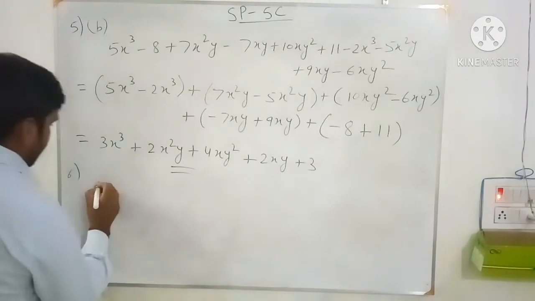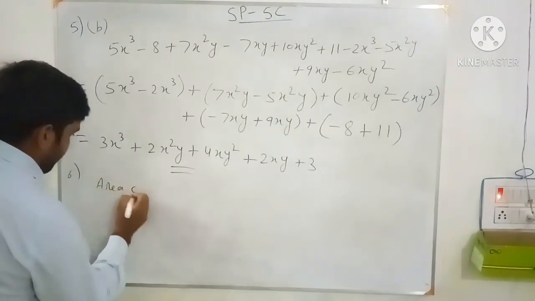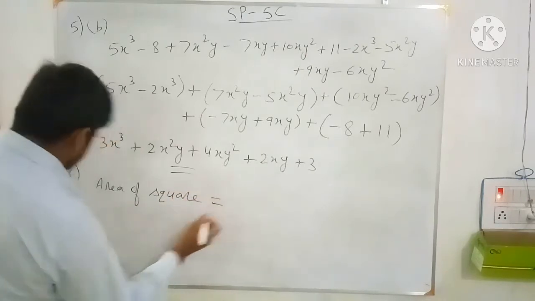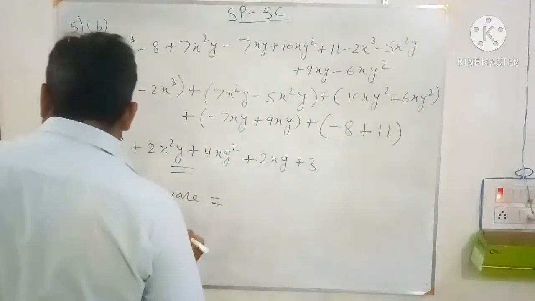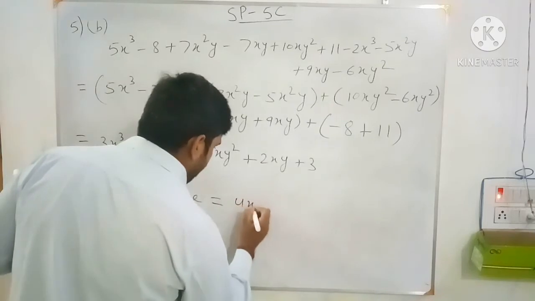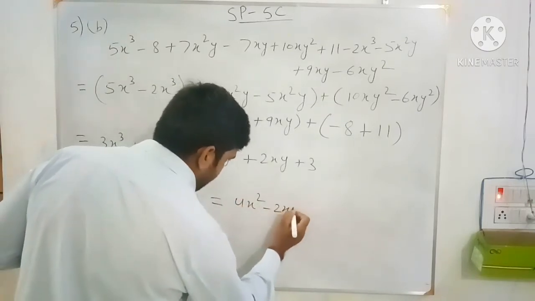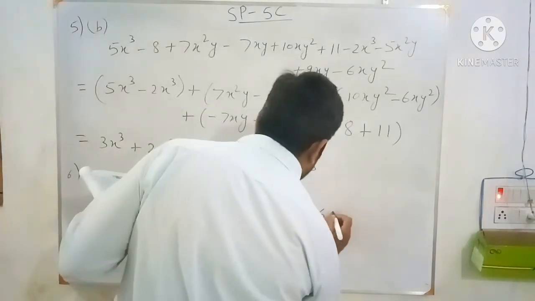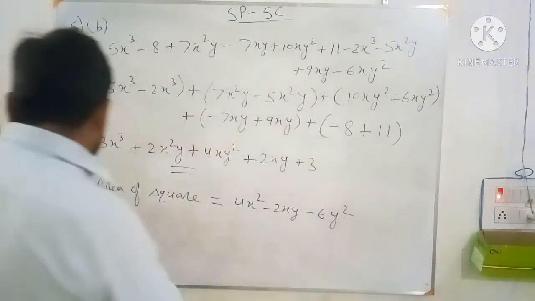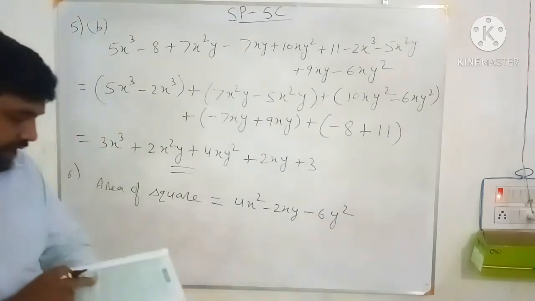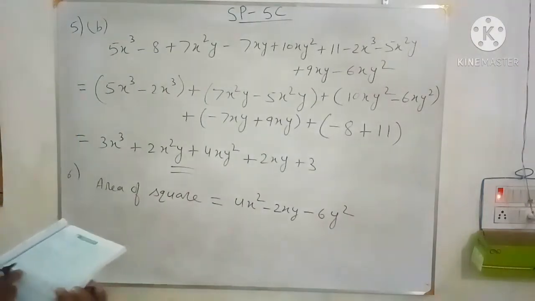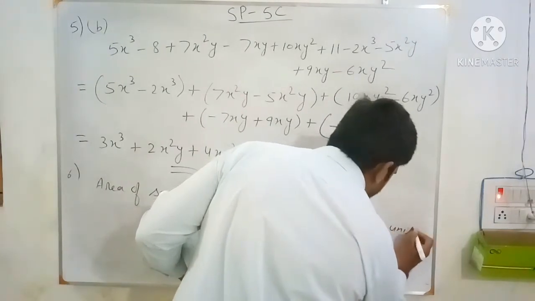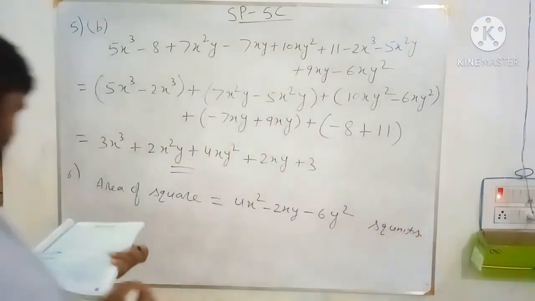So here given area of a square is given 4x square minus 2xy minus 6y square. This is given area of the square. So area of square is 4x square minus 2xy minus 6y square. Square units. This is the unit.